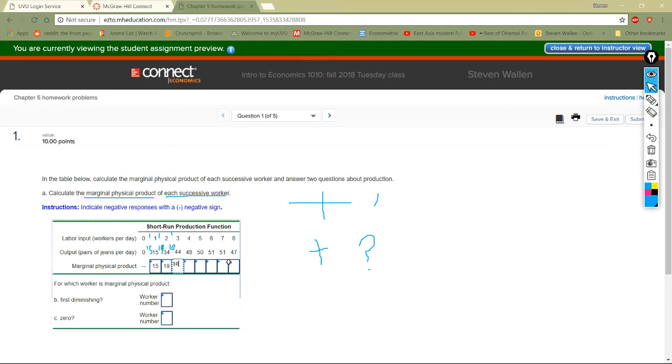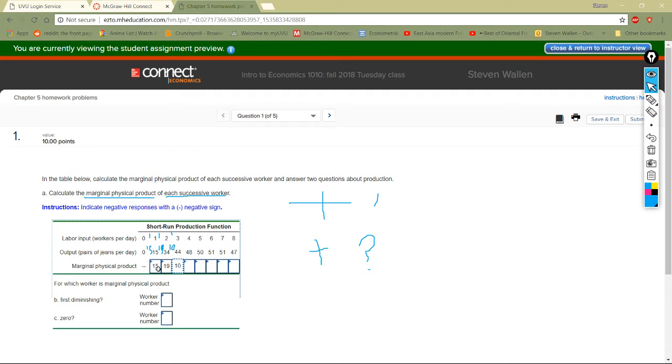So whenever you think about marginal, just think about how much more the next worker adds to what I'm doing. The first worker added 15. The second worker added 19 more units, and they have a running total down here, 15, 34. The third worker added only 10, which gets me to a running total of 44 total units.